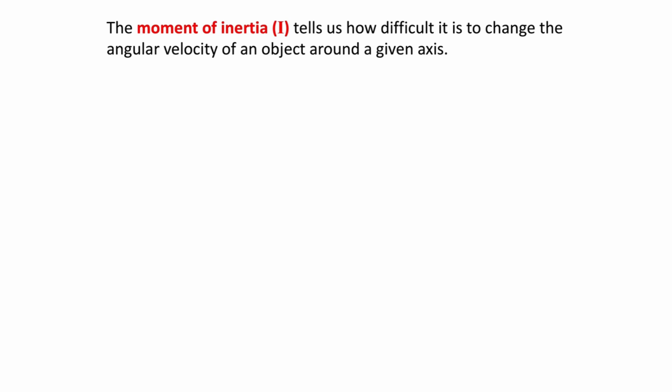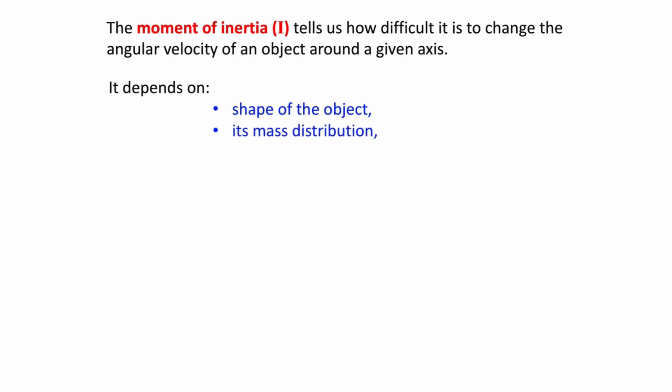So moment of inertia is similar to mass, but in rotational concept. It's like rotational equivalent of mass. And this quantity depends on shape of the object, its mass distribution, direction of rotational axis.